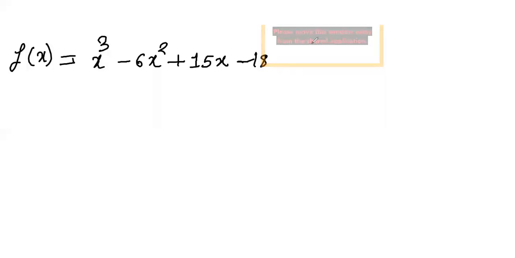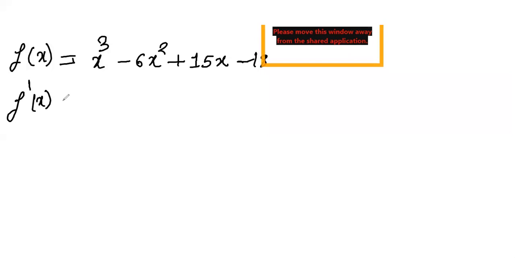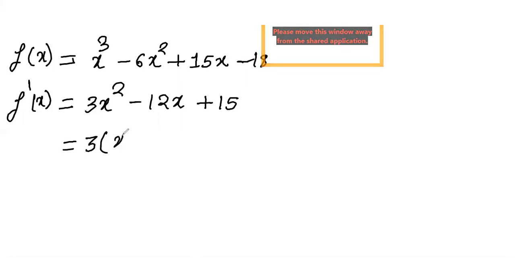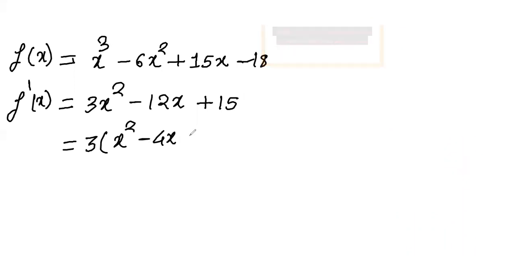Increasing, strictly. Very good, Vikas. No Ankit, why decreasing? Yes of course, strictly increasing, Pooja. Why? We have to find out f dash x. So f dash x is 3x square minus 12x plus 15. I have taken 3 common, so it is x square minus 4x plus 5.